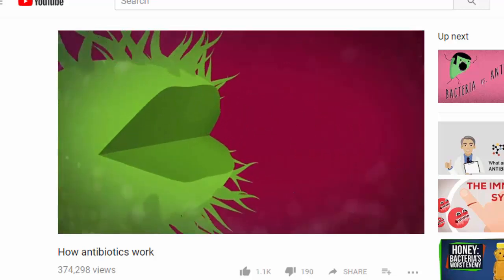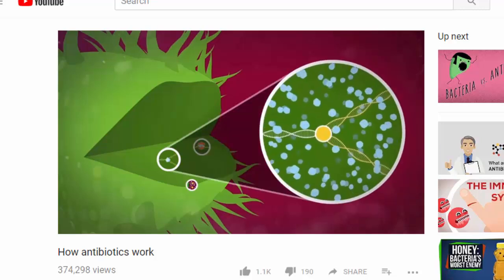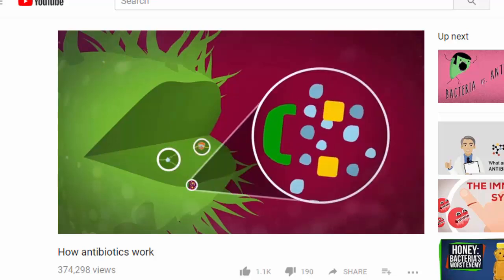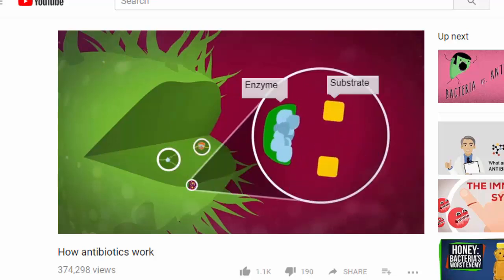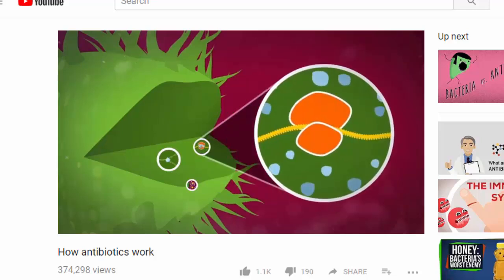Bacteriostatic antibiotics slow the growth of bacteria by interfering with the processes the bacteria need to multiply. These processes include DNA replication, metabolism, e.g. enzyme activity, and protein production.